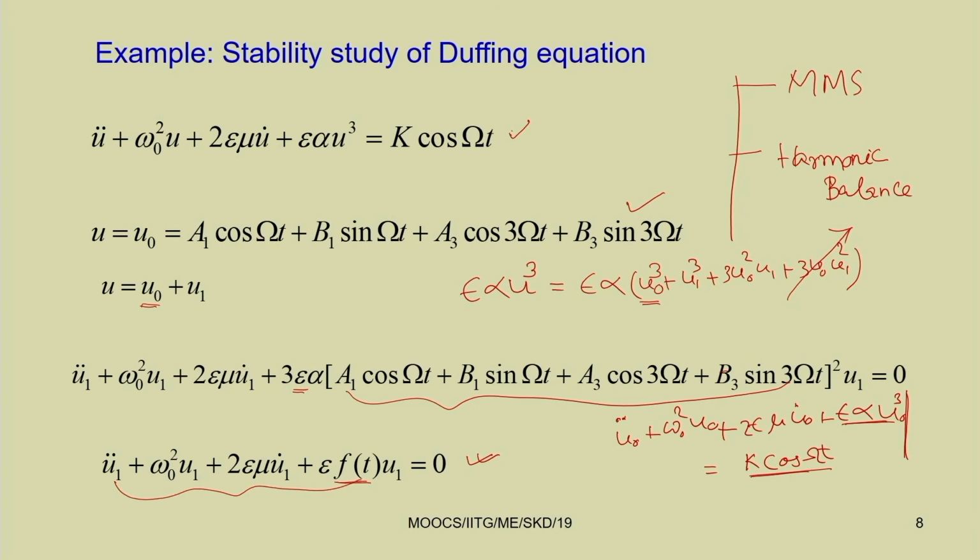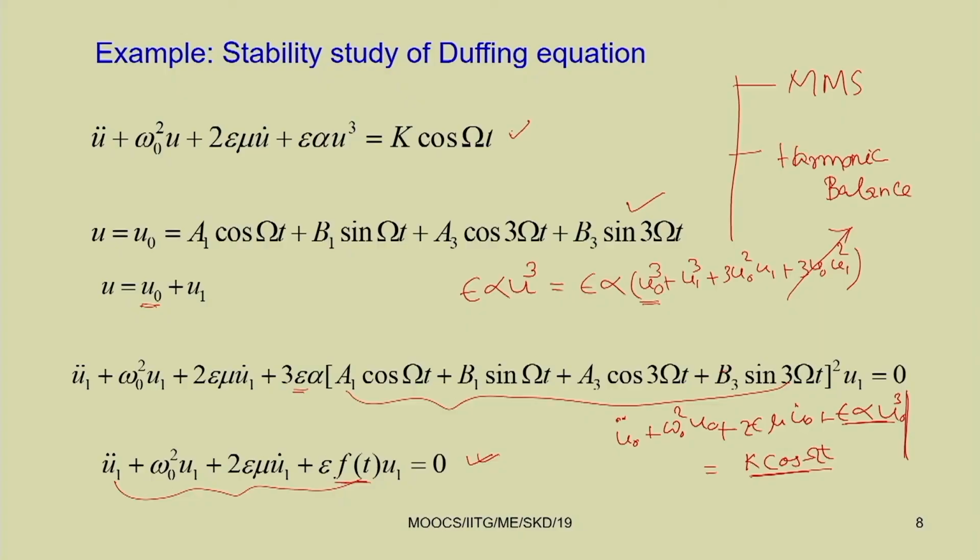Now, what you have seen while studying the stability of the Duffing equation: if you are not using a method like the method of multiple scales or the averaging method, where directly you get the equilibrium solution and the stability, but if you are using some method like the harmonic balance method, then after getting the solution you have to perturb the original equation to study its stability about the equilibrium position.